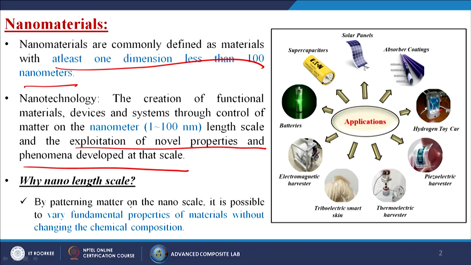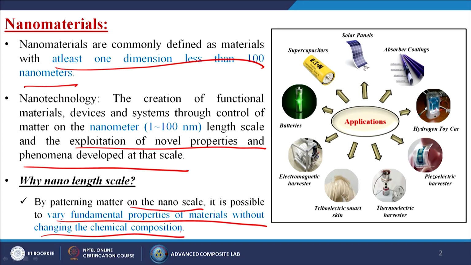So, why the nano length scale? By patterning matter on the nanoscale, it is possible to vary fundamental properties of materials without changing the chemical composition. Here we are not changing its chemical composition; we are simply making it from large to small, or nano, and the material's physical properties change.